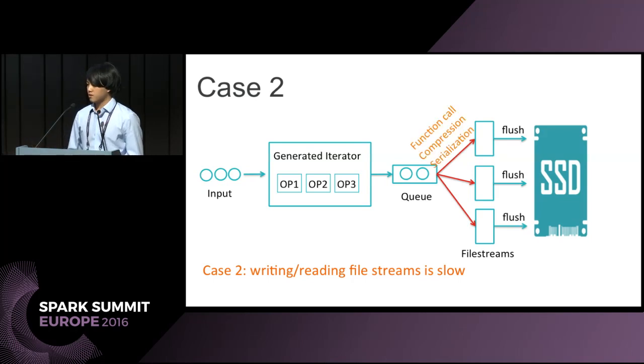You have a lot of wrapped functions that require copying into memory because of virtual function costs, and you also have to do serialization and compression, which many studies show are more expensive than the operations further down the way.